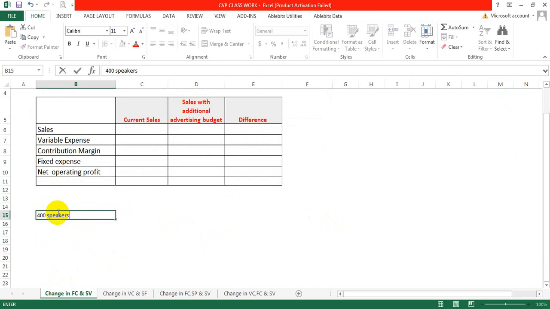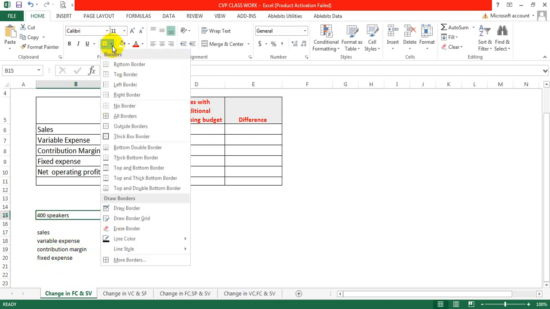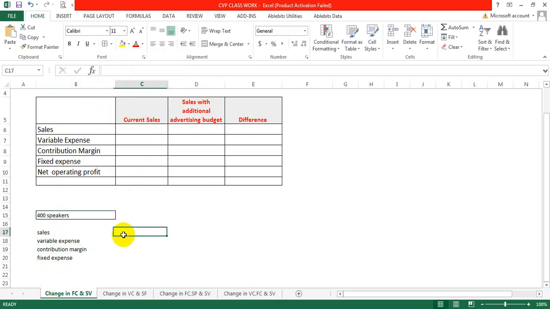So we will prepare the first one and take the values from there: variable expense, contribution margin, and fixed expense. First we have taken the 400 activity level, or 400 speakers.